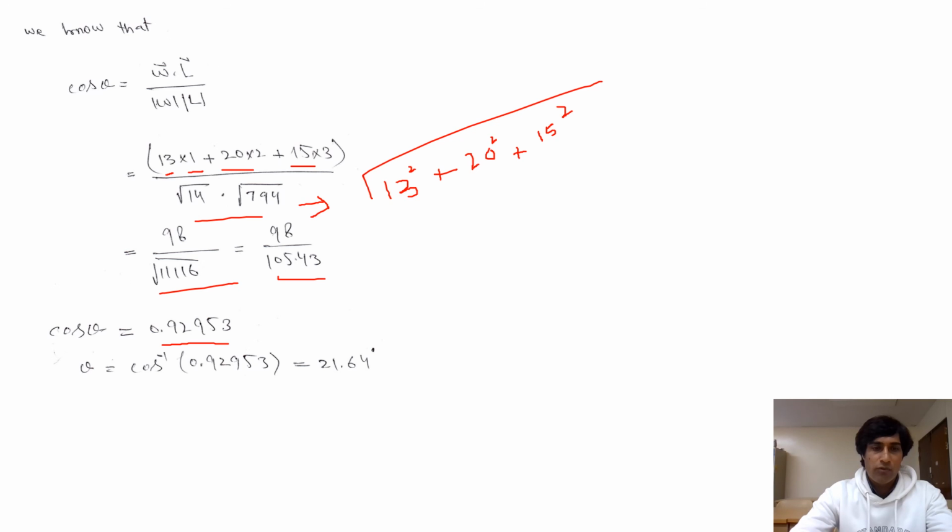In order to find the value of the angle theta, we have to take cos inverse on the right hand side, which you do on your calculator. When you do this, you will get 21.64 degrees. It is not radian, it is in degrees. So 21.64 degrees is the angle which they demanded in part B.